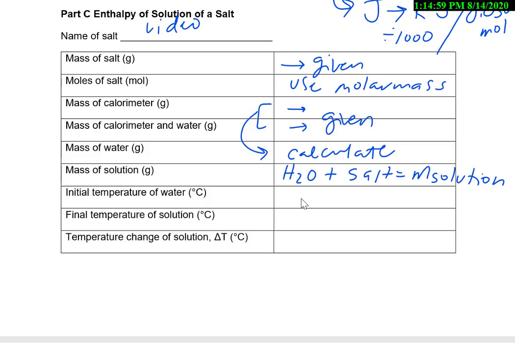Okay, then you'll also see a graph that's provided in your data. And it could be exothermic or endothermic. But here, if we're watching the graph, we'll see our initial temperature will be whatever the original temp is, and then the final will be down here. We can put those there and get our delta T by subtracting.